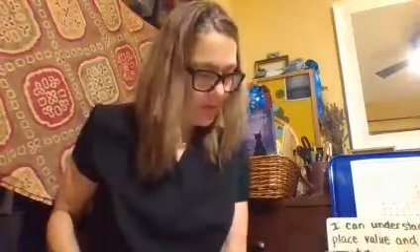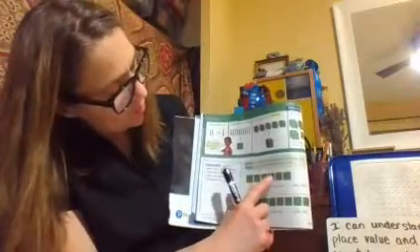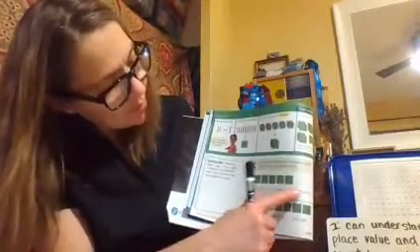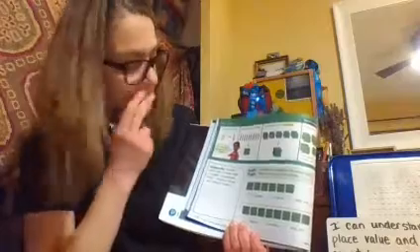And now let's go to the guided practice. In the guided practice, they ask you to count it up. 100, 200, 300, 400, 500, 600, and then write it in there. 600 equals 6 hundreds, 0 tens, and 0 ones.